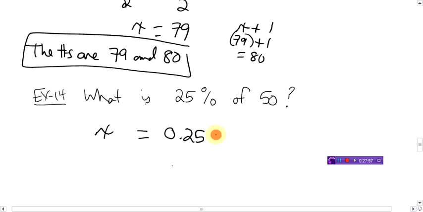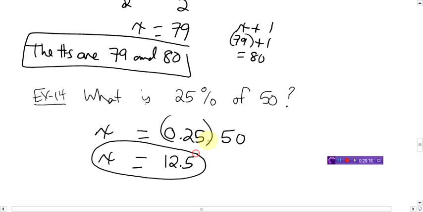So 0.25 times, let's do the bracket way, 50. X equals that times that, which is 12.5. Use a calculator if you don't believe me. So the number is 12.5.